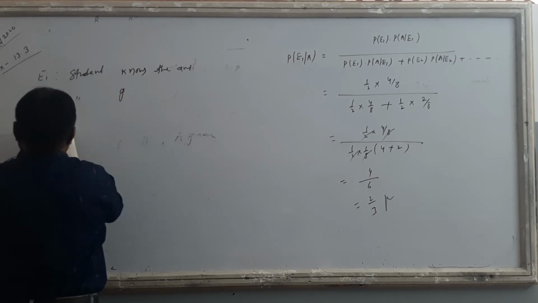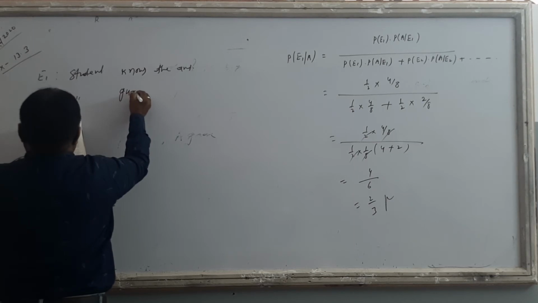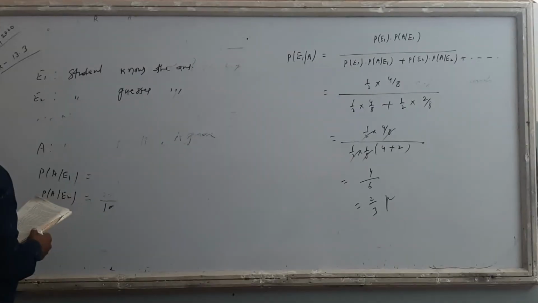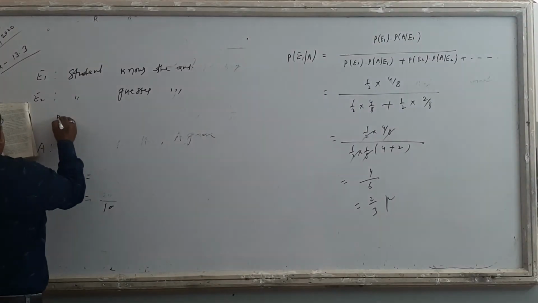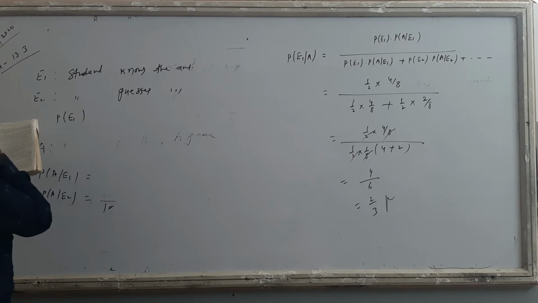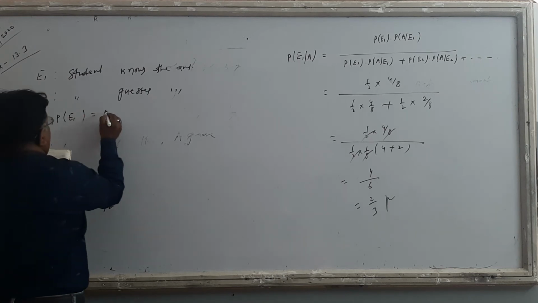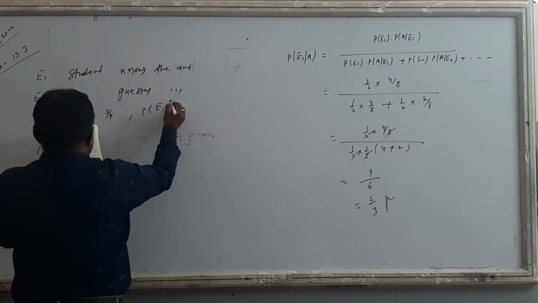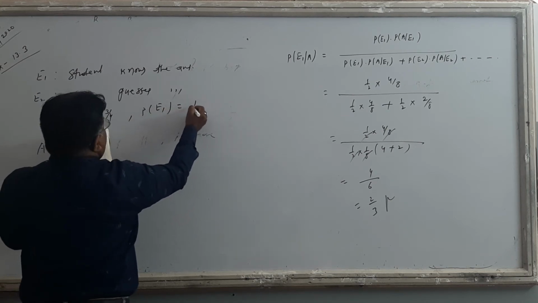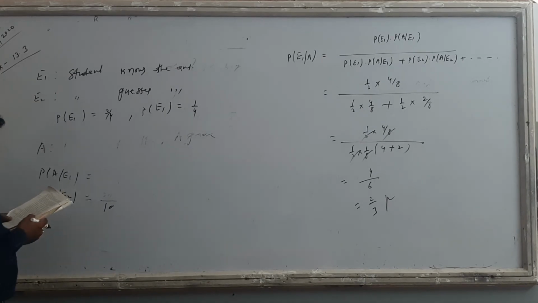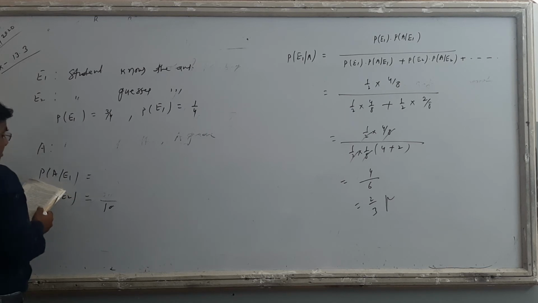So when the student knows the answer, the probability is 3 by 4; P of E1 is given as 3 by 4 and P of E2, when the student guesses the answer, the probability is 1 by 4. Right? And A is that the answer will be correct.